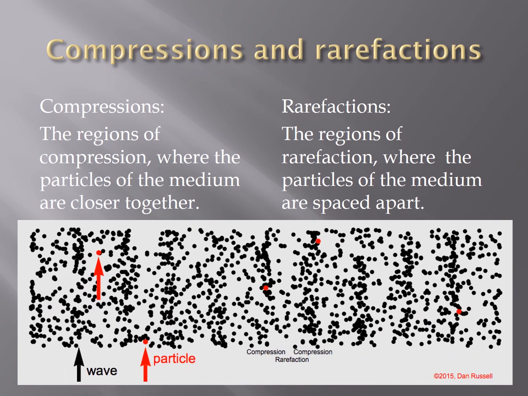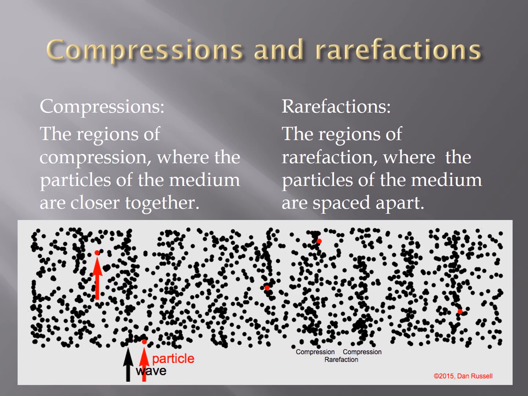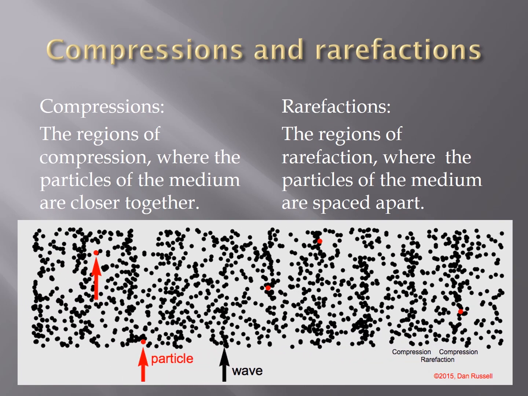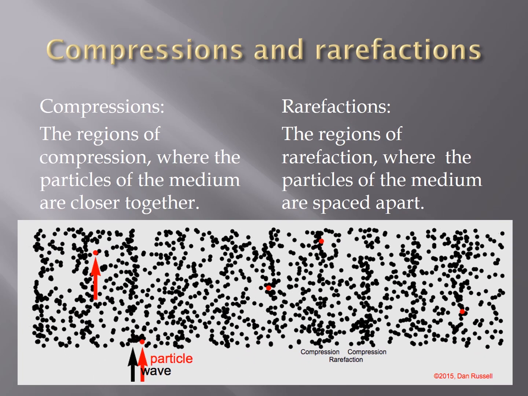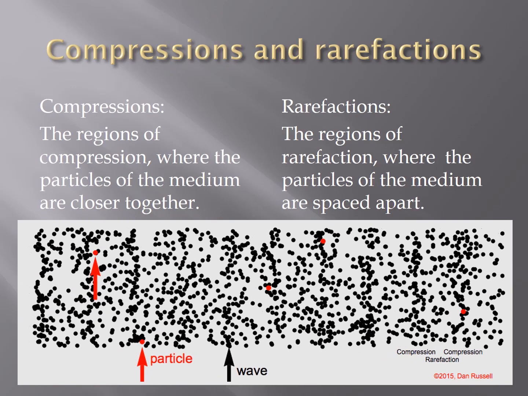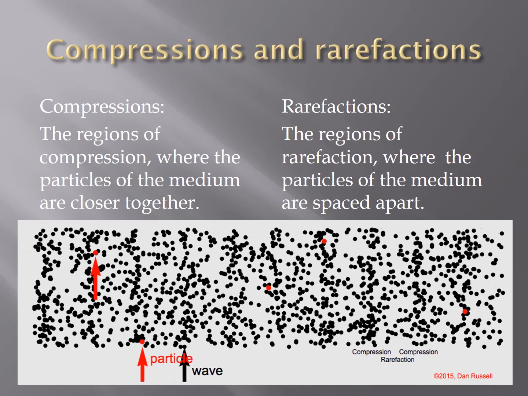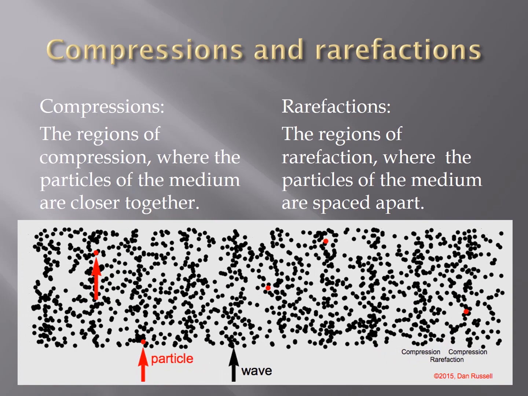First of all, we are going to discuss the definitions of compressions and rarefactions, and then I am going to discuss this animation. Compressions are the regions where the particles of the medium are close together, and rarefactions are the regions where the particles of the medium are spaced apart.